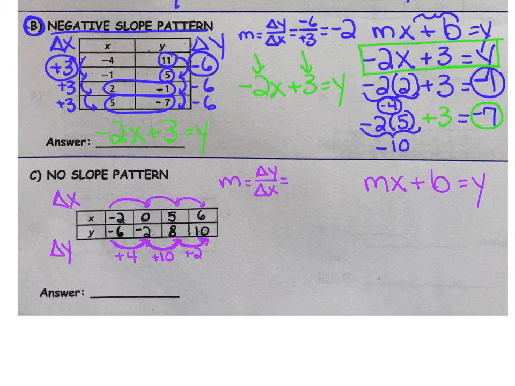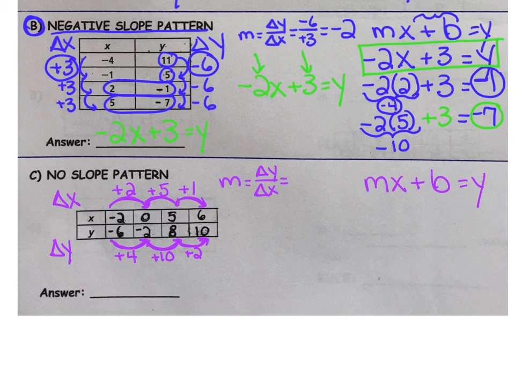And it seems as though there's no particular pattern present. Let's check out our delta x's. To go from a negative 2 up to 0, that's a gain of 2. 0 to 5, a gain of 5, and 5 to 6, only a gain of 1.